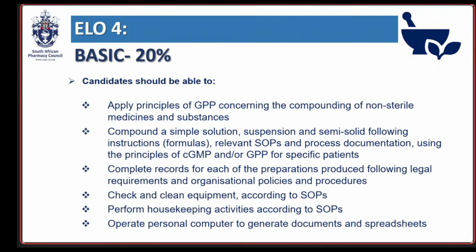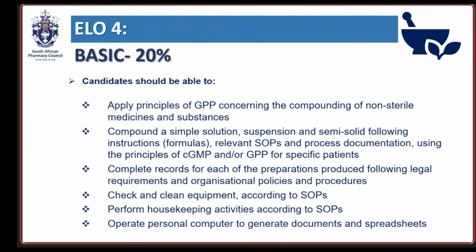And ELO 4 counts for 20% of the paper, and the candidates should be able to apply principles of GPP concerning the compounding of non-sterile medicines and substances. They must be able to answer questions relating to compounding a simple solution, suspension, and semi-solid following instructions, formulas, the relevant SOPs, process documentation, and using the principles of current GMP and or GPP for specific patients.